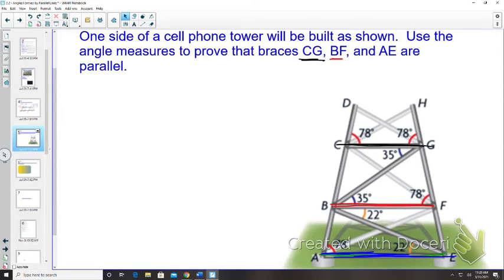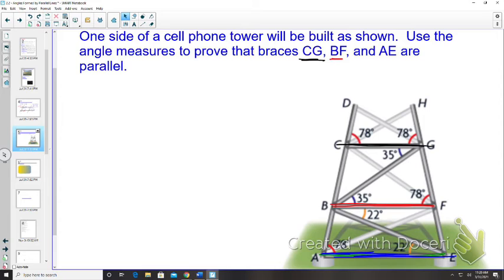Step 1: do we see any parallel lines here? I would say from B to F and A to E, those would be parallel. They look pretty parallel.